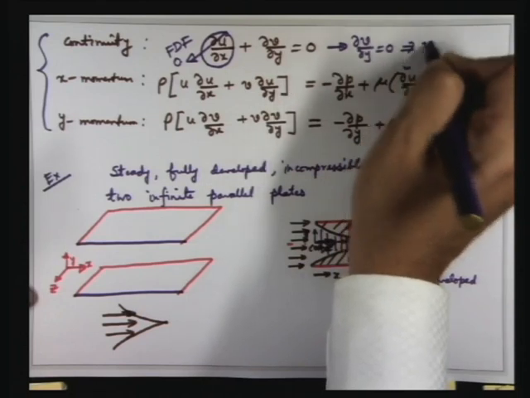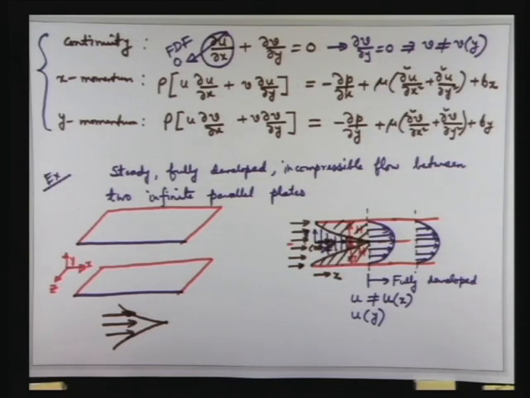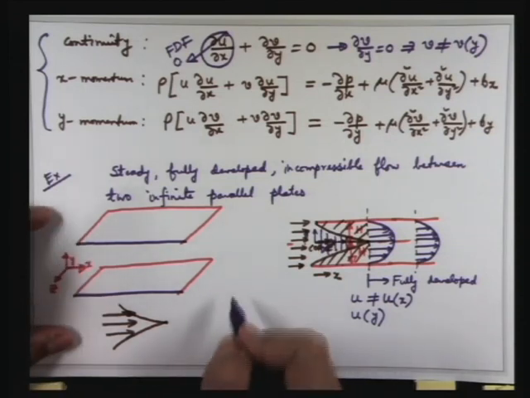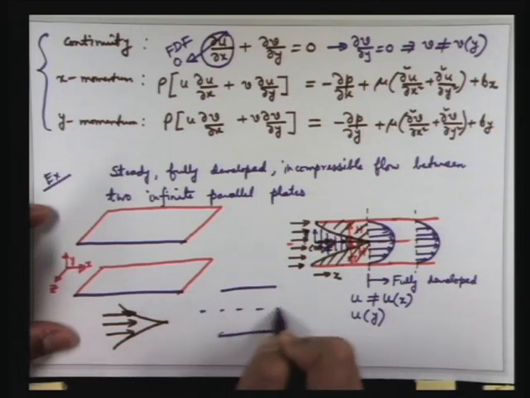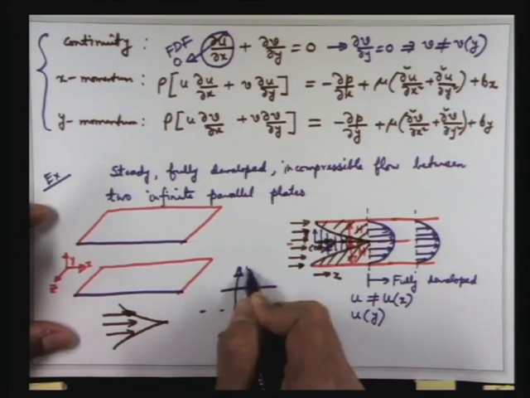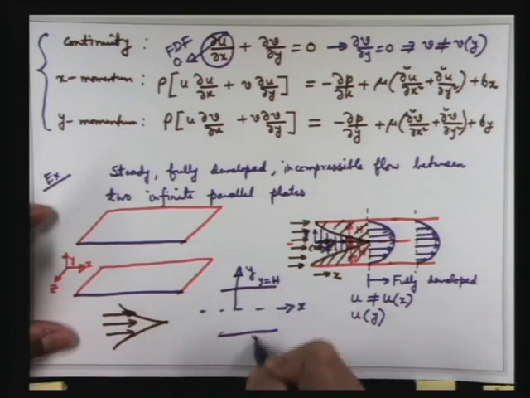This means v is not a function of y. Can you tell from here? Let us draw the x and y axis. This is x, this is y. This plate is y equal to plus h, this plate is y equal to minus h.